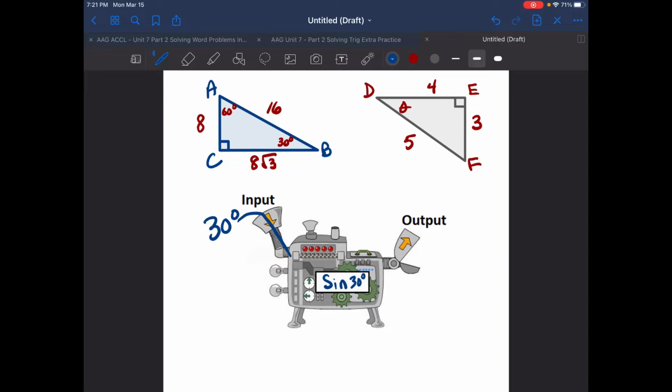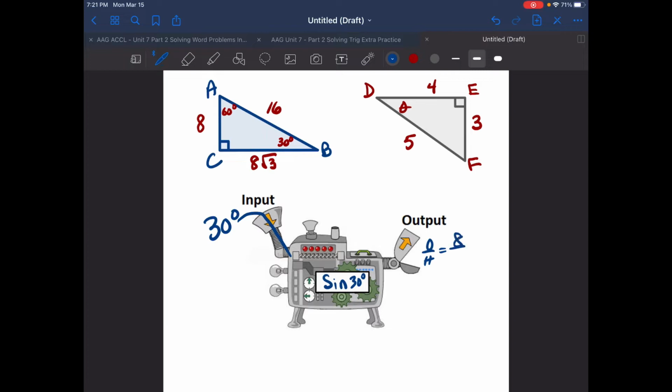Now, if you take your calculator out, it'll give you 0.5, but in this case, let's use this particular triangle. Sine compares opposite over hypotenuse, so the ratio of that will come out of this input-output machine. Looking from the reference angle 30 degrees, 8 is opposite, 16 is the hypotenuse.